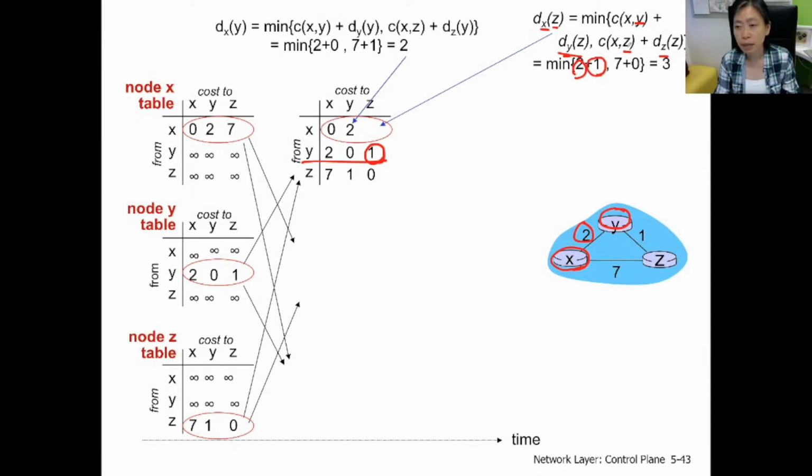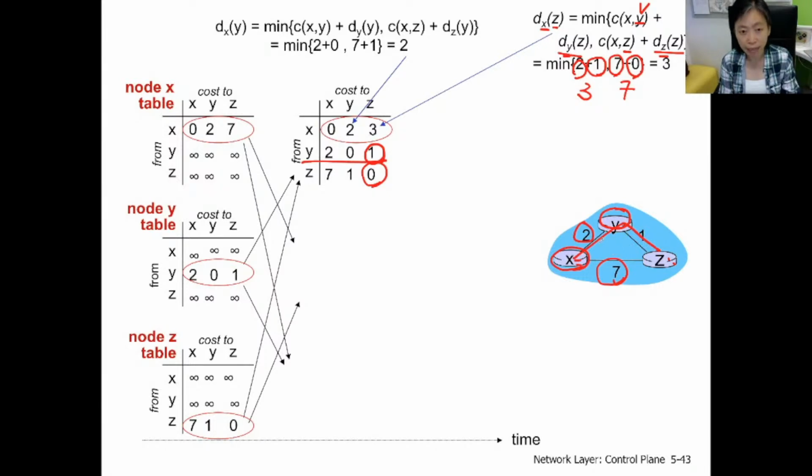Now for the second neighbor z, link cost from x to z, 7. So 7 here. Shortest distance from neighbor z to z, trivial. And it should be 0 here in the table. So this is 7 and this is 3. Therefore, y wins again. To go from x to z, take this path.